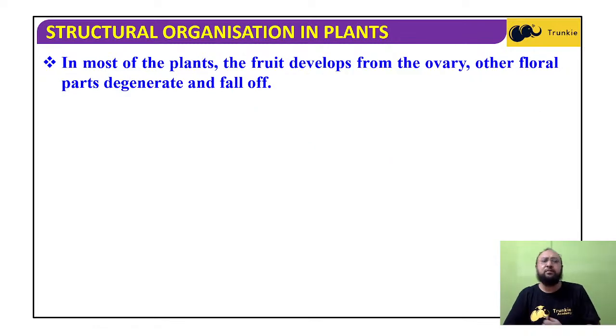In most plants, the fruit develops from the ovary, and the other floral parts degenerate and fall off after fertilization takes place and the zygote is formed. The ovary changes into fruit, and the other floral parts like calyx and corolla degenerate and fall off from the flower.